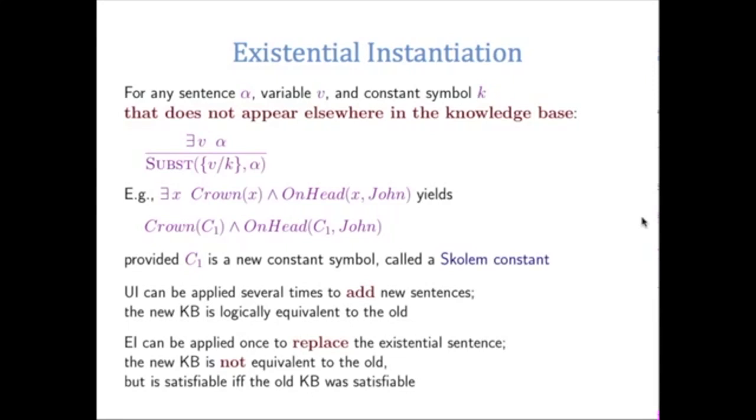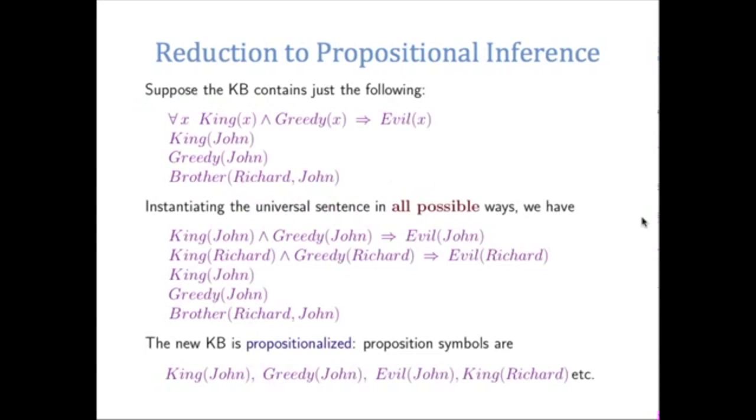So if I have there exists an X such that crown X and on head X John, I apply existential instantiation to posit a constant C1, and I substitute crown C1 and on head C1 John. Clearly, the knowledge base isn't the same because I don't have for all X crown X and so forth. I have crown C1, but it's still satisfiable if the old knowledge base was satisfiable.